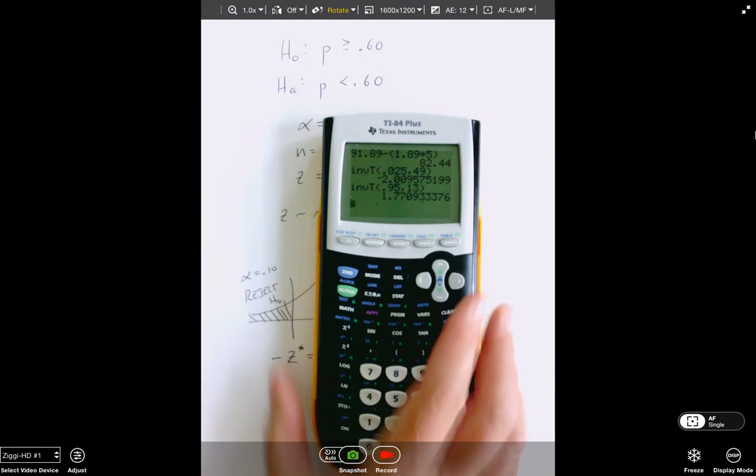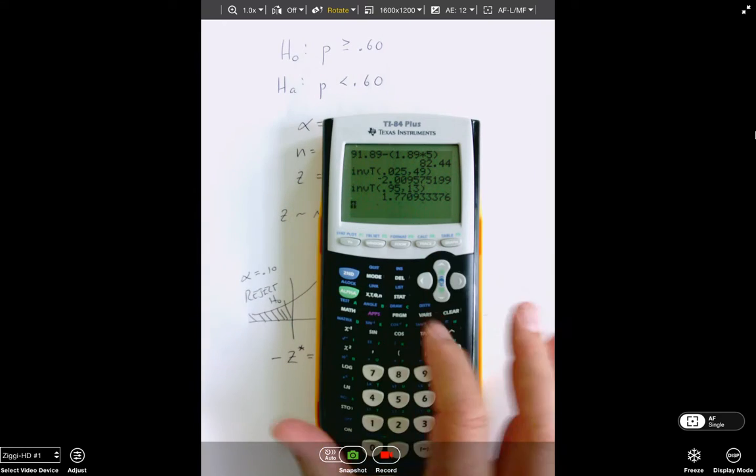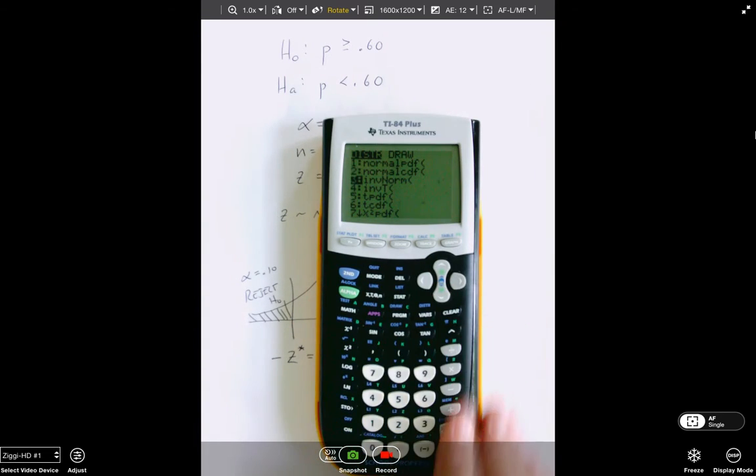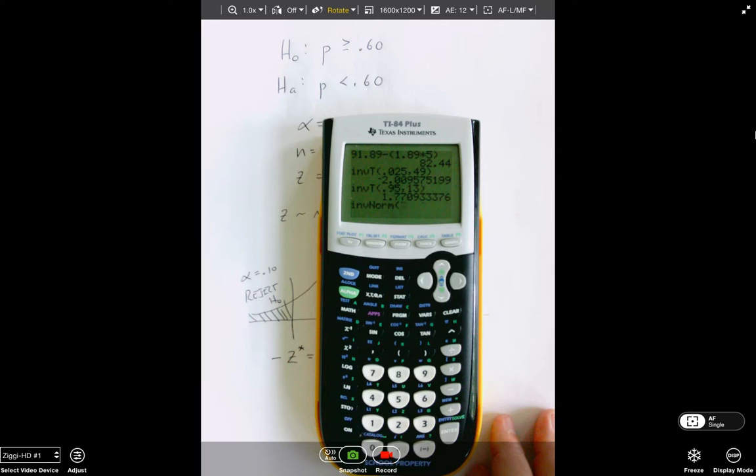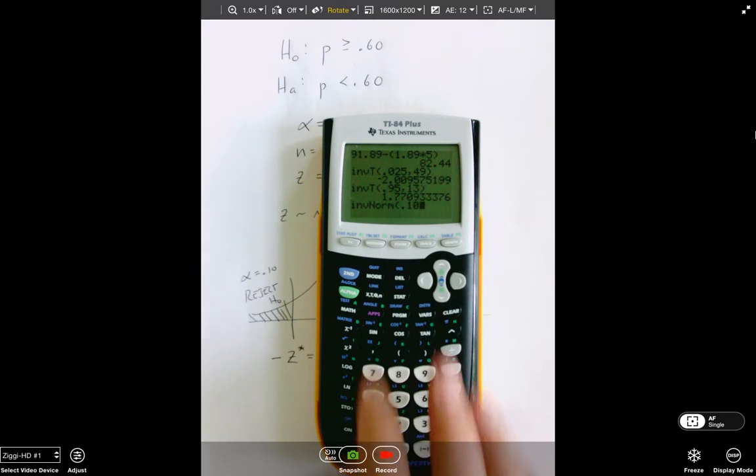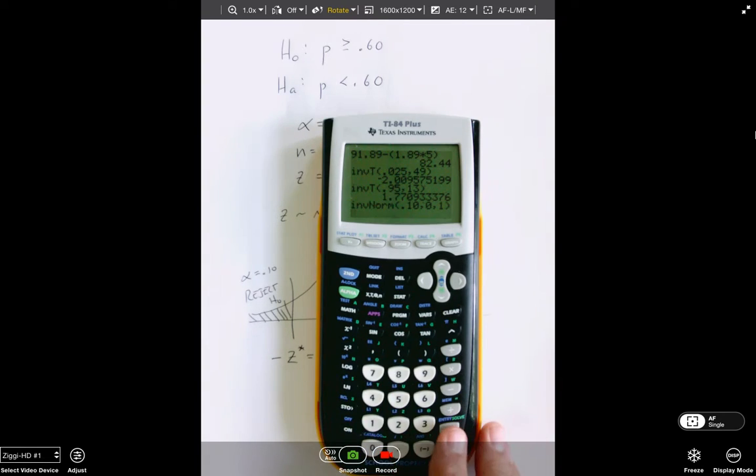Well, gang, instead of using inverse t, I use inverse norm. So I need 0.10 to the left of my line with a mean 0, standard deviation 1. And it's negative 1.28.